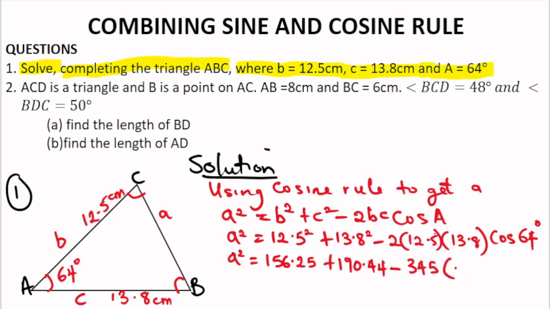Cos 64 using the 4-figure table is 0.4384. Close the bracket. So a square is equal to 156.25 plus 190.44 is 346.69. Now we'll have minus 345 times 0.4384, which will give us minus 151.248.